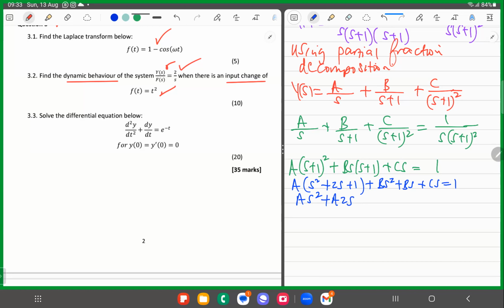We can write it like this, which is 2As plus that, plus B s squared plus Cs equals 1.